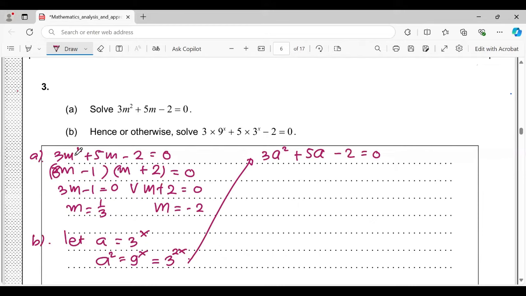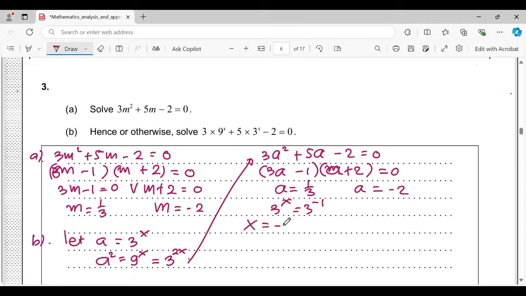Similar to this equation, the factorization becomes 3a minus 1 and a plus 2 equals 0. So a equals 1 over 3. Sorry, this is a, not m. And a equals minus 2. If a equals 3 power x, it means 3 power x equals 3 power minus 1.